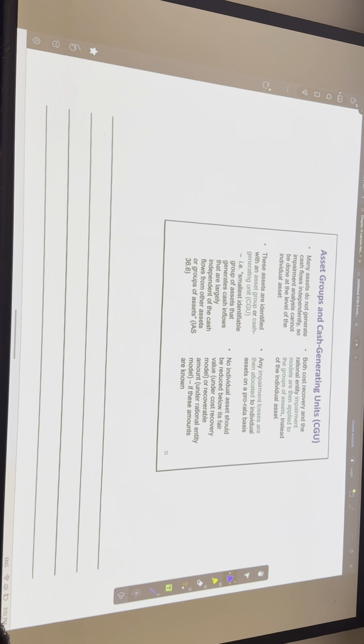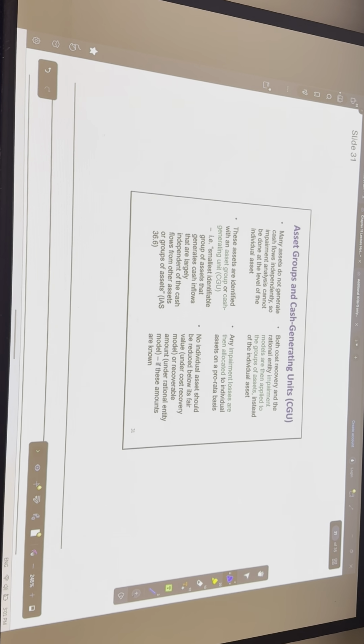You can't write it down below fair value. So now we're going to plug the number. That asset A can only go down to 40 million, and the difference in the remaining loss is allocated to the remaining assets B and C.